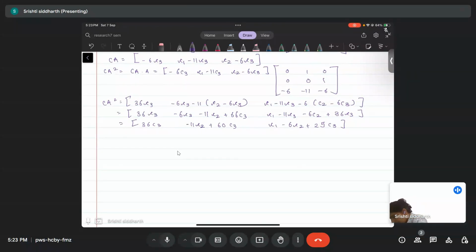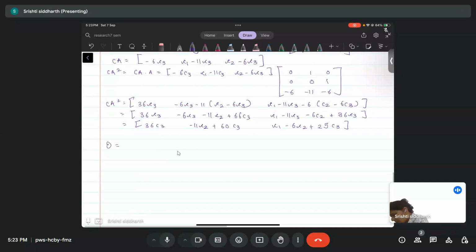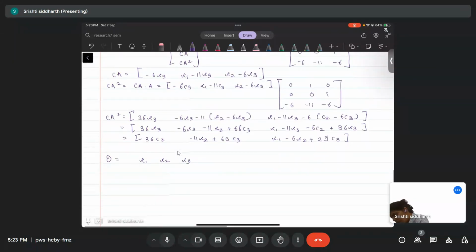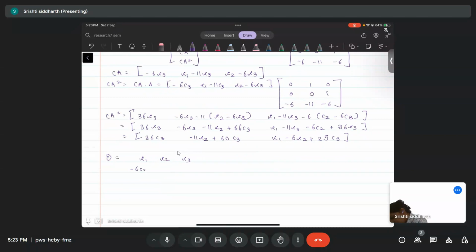So let's substitute this in the observability matrix. We have C, which was C1, C2 and C3. Then we have CA. Let's write this.